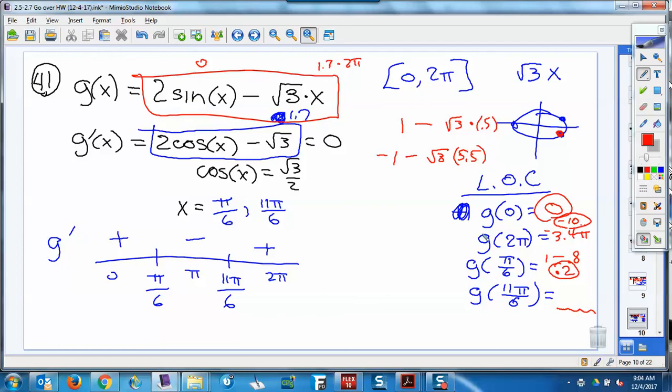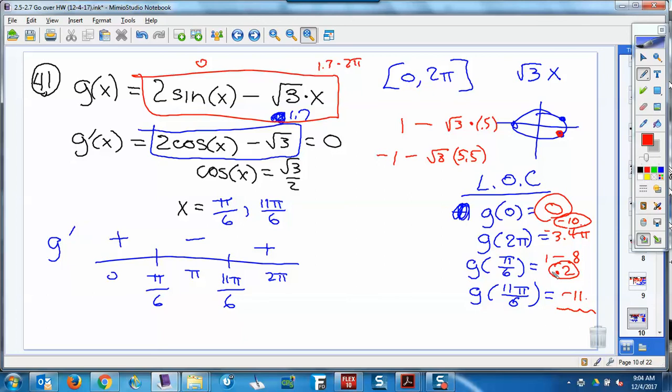This one, right? This one's got to be a bigger y value than this one, because after 11 pi/6, this graph's going up. So this must be the bottom, right? So this must be like a negative 11-ish or whatever, okay? Pretty close, though, to this one. But again, look at the number. After 11 pi/6, the G graph is increasing. So it's got to be going up. So this has got to be bigger than 11 pi/6.